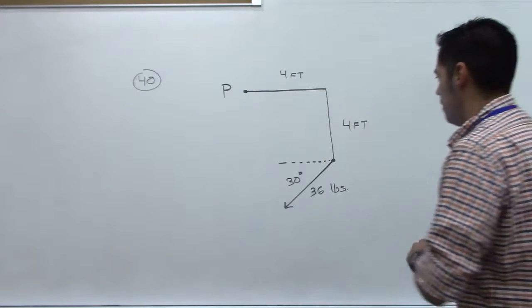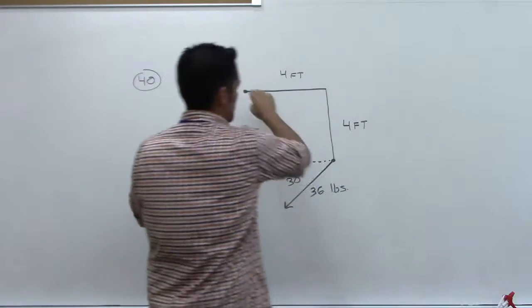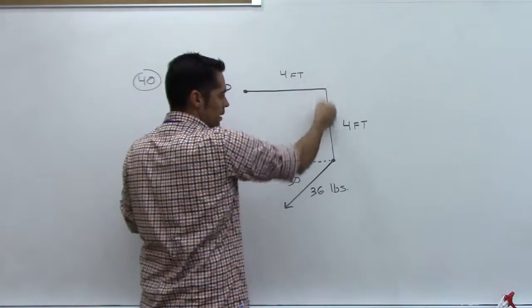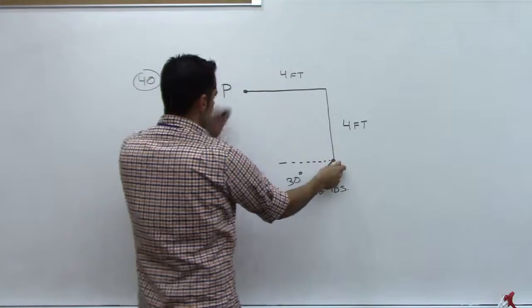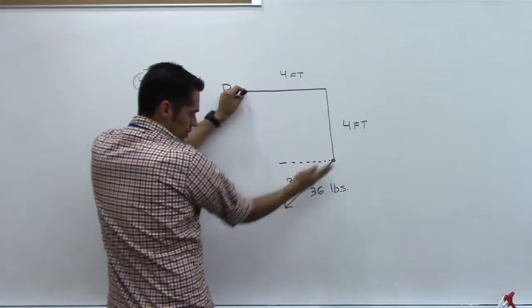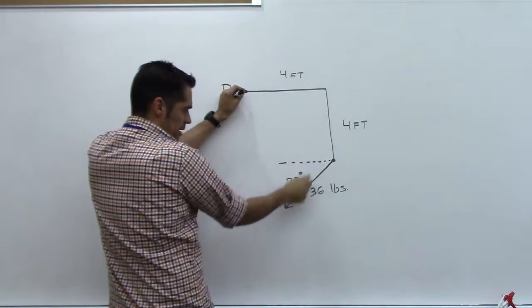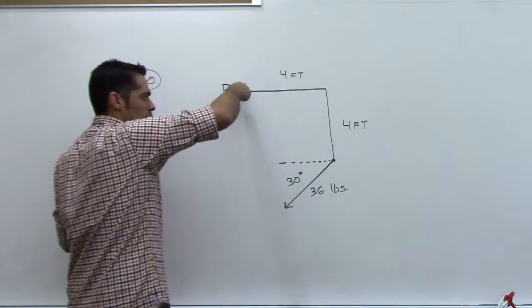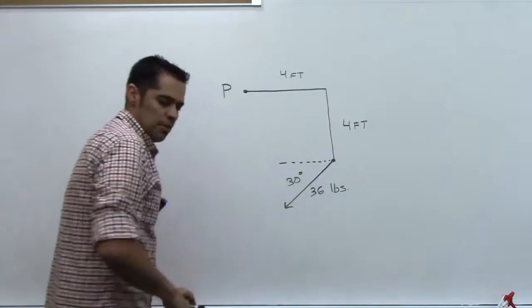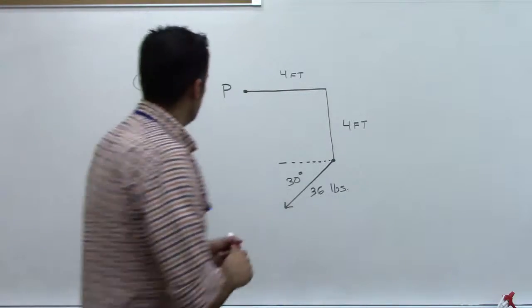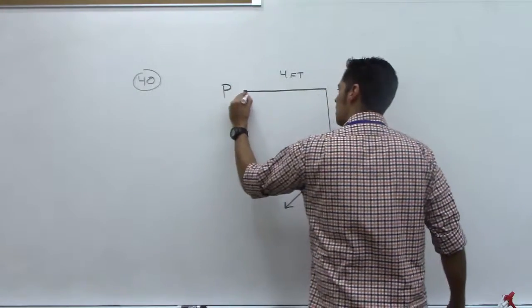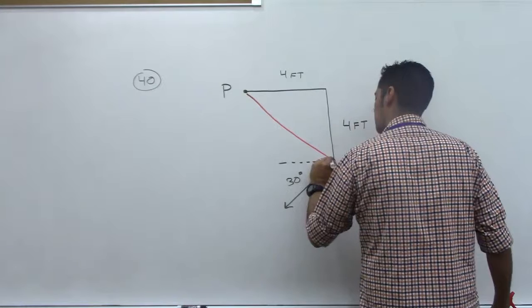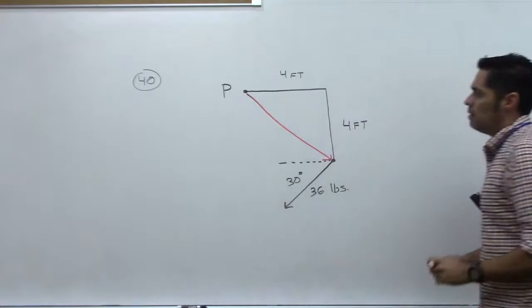So what they want is that, you have this metal L here, and you're grabbing this point and you're pulling on it 30 degrees to this line. You're pulling on it with a force of 36 pounds. What is the torque about this point P? So all we need to do here is extend a vector that comes across like this. Okay?